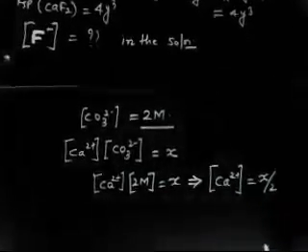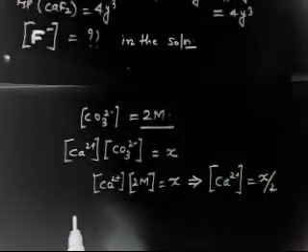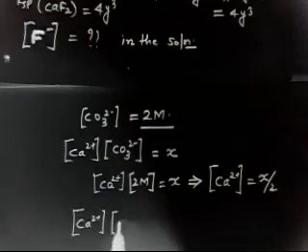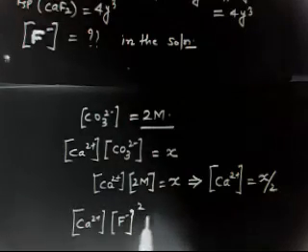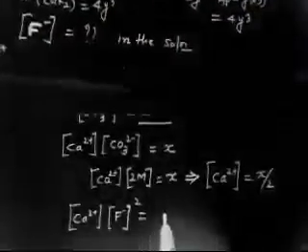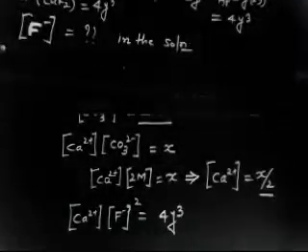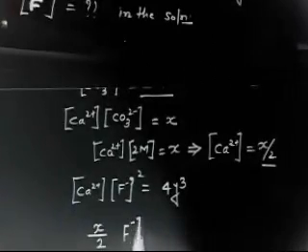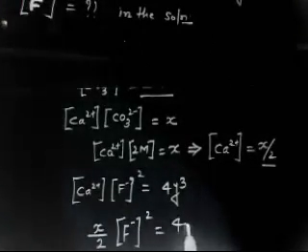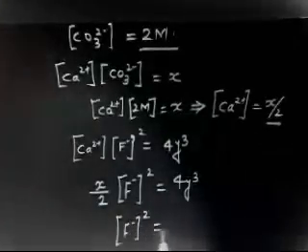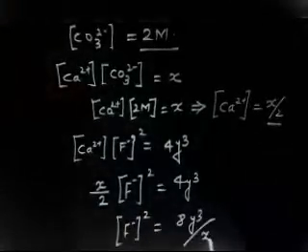And now you know the Ca2 plus, you can calculate F minus, because for CaF2 you can write Ca2 plus times F minus raised to the power 2. This is the KSP for CaF2, and it is 4 by Q. I have already calculated, so this is 4 by Q. Now plug the value of Ca2 plus, X by 2, so X by 2 times F minus raised to the power 2 is 4 by Q. So from here you can say F minus raised to the power 2 is equal to 8 by Q divided by X. Are you getting it?